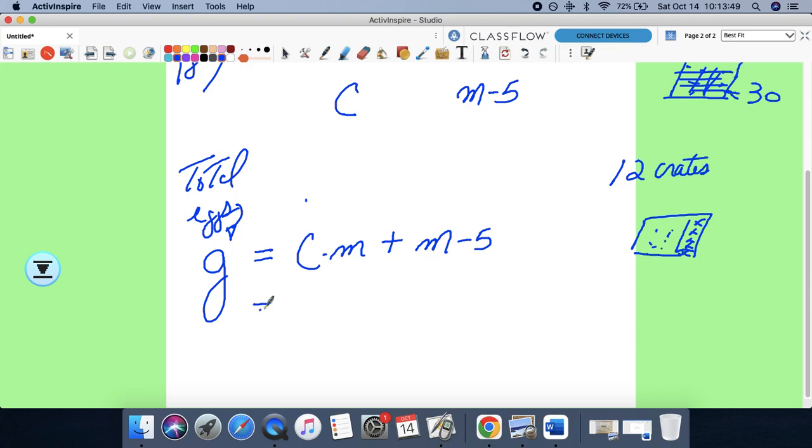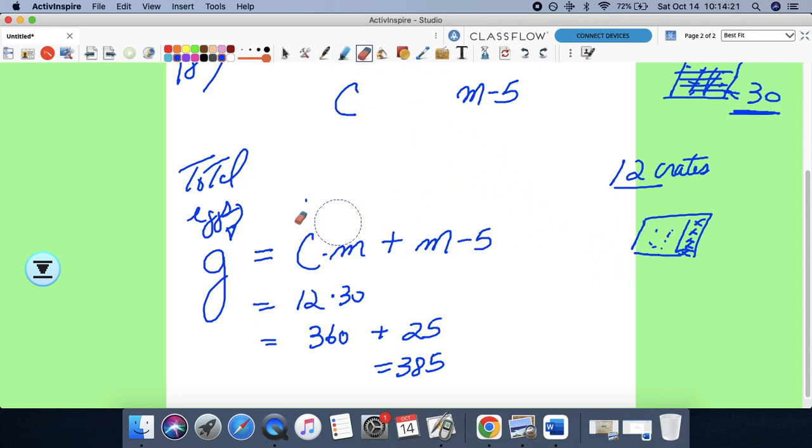So if you do the math, and we're using these numbers as an example, 12 times 30, because there's 12 crates and each crate has 30 eggs, that would be 360. Plus one of the crates which carries 30 eggs, but it's missing 5, so plus 25. So total would be 385. And that's an example. I just want to make sure that we got this correct.